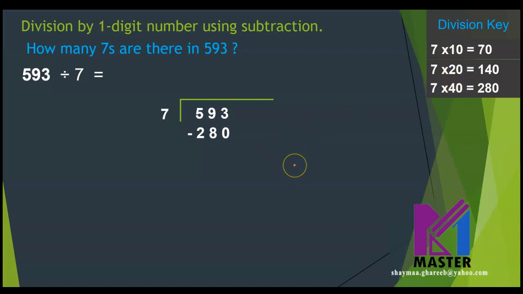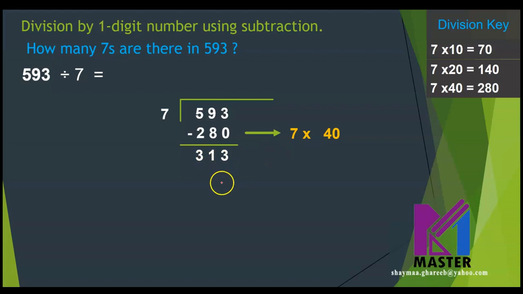Let's see. I will take the 280 first, which is 7 times 40. I have to draw the arrow, as you can see, and I write that this is 7 times 40, exactly the same way. Now I will do the subtraction. So when I subtract, I will have 313.